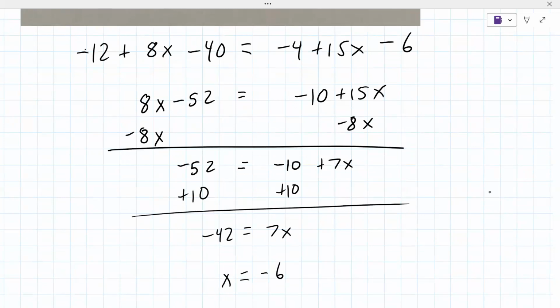I got 6 equals x. Be -6. -6. As you said, it was -42 equals 7x.